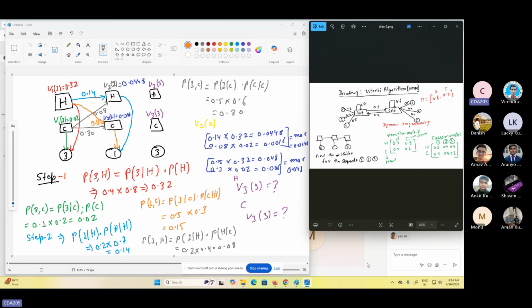We have to calculate which value? From H to H, then from C to C, then from H to C, C to H, then from C to 3, and H to 3.